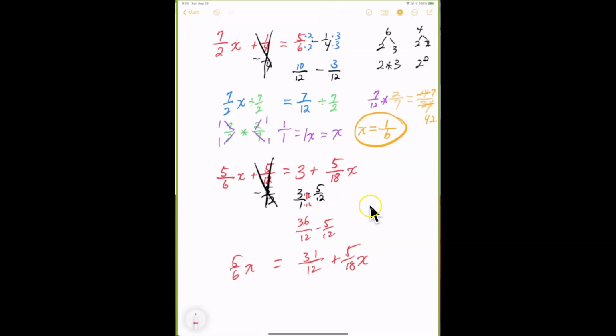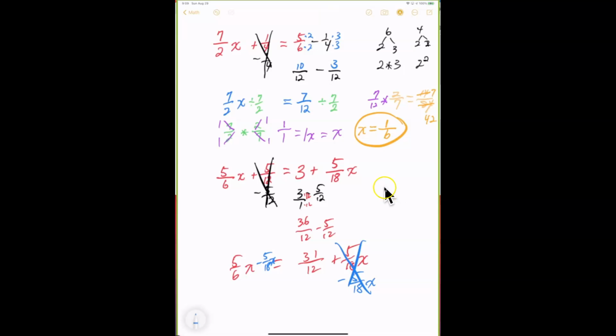Okay. So now what we need to do is subtract 5/18 x from both sides. Let's put that in. We'll go to a new color. Minus 5/18 x. And these two go away, leaving 31/12. And on this side, we have 5/6 x minus 5/18 x.